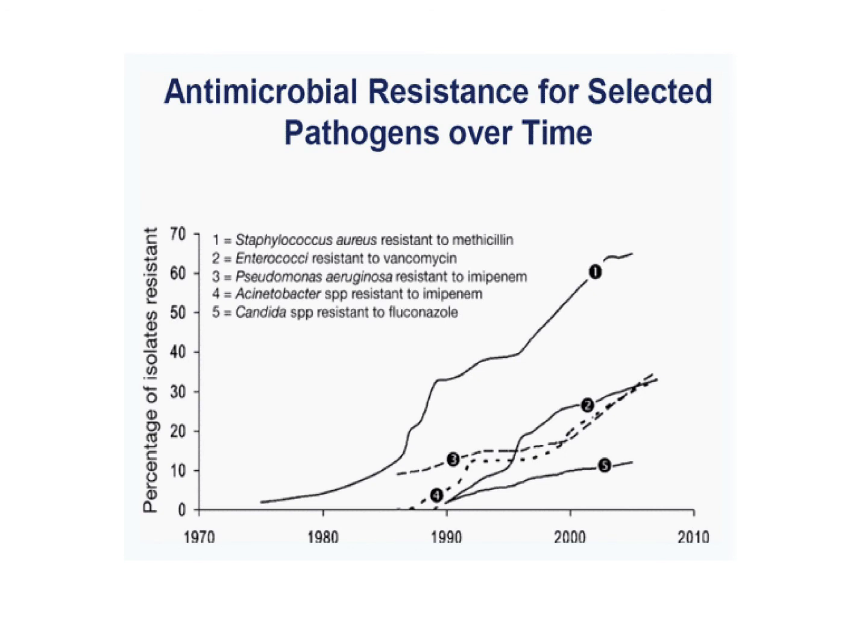And what this slide shows is percent of resistant isolates over the course of time, and this goes up to 2010. Line number one is the Staphylococcus aureus. You can see in 1980, there were very few resistant organisms. And then as time goes on, it goes up. So now we're up to close to 70%.